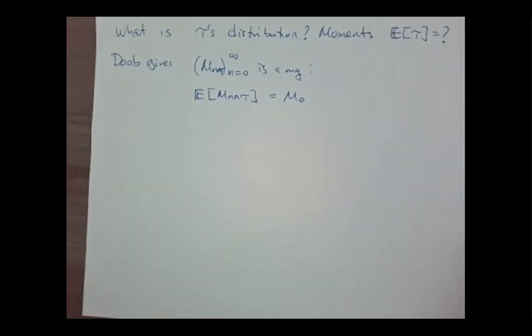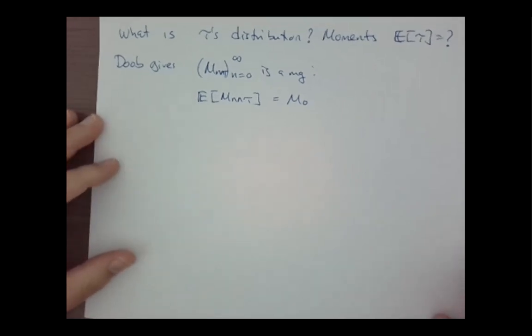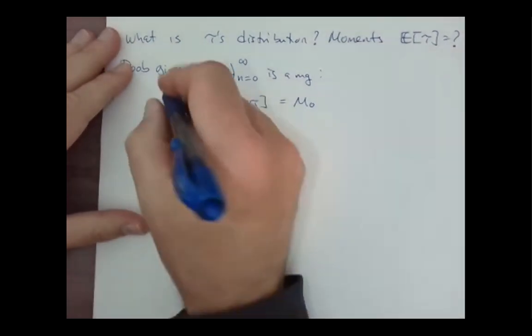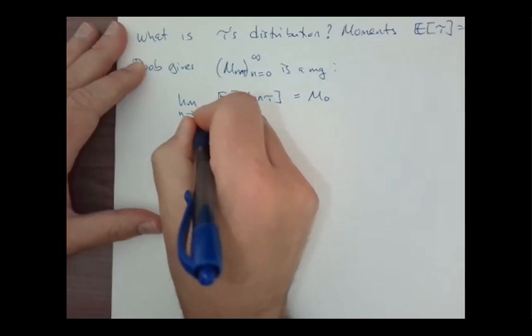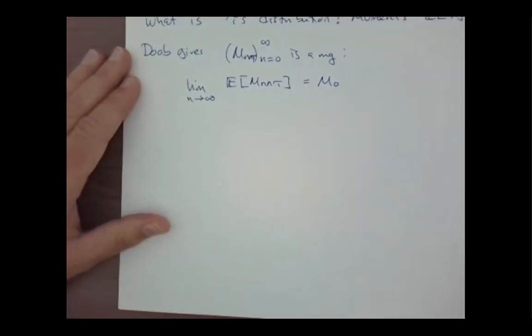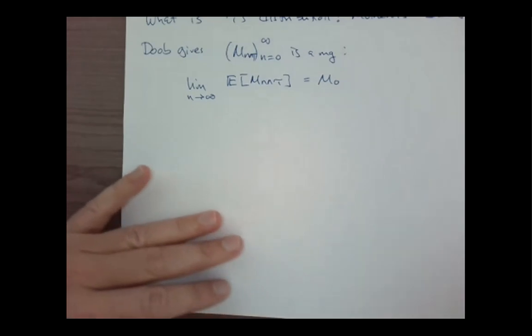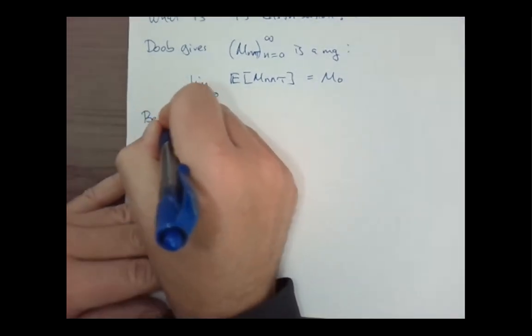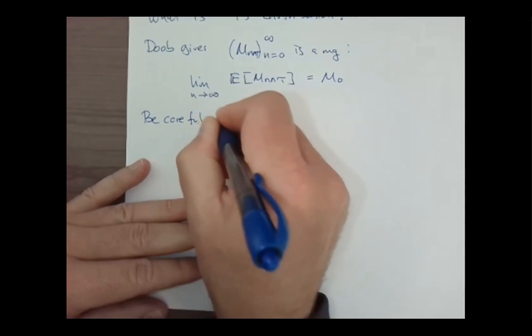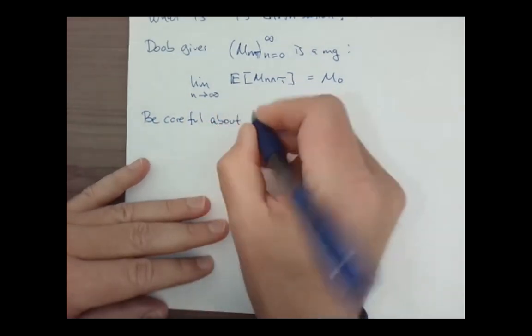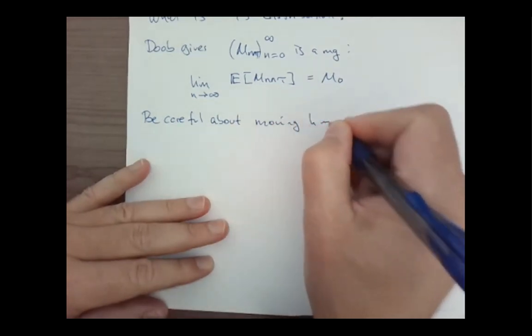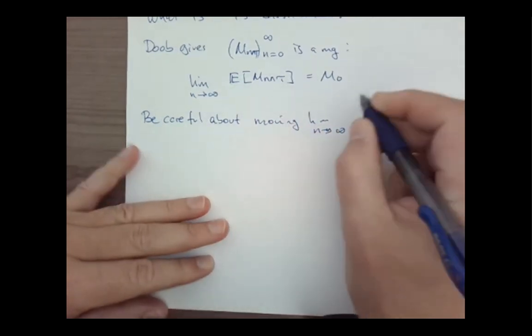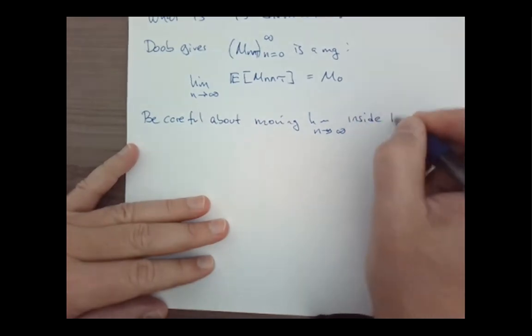So I know this property, and I can take the limit as n goes to infinity. But be careful about moving this limit inside the expectation.